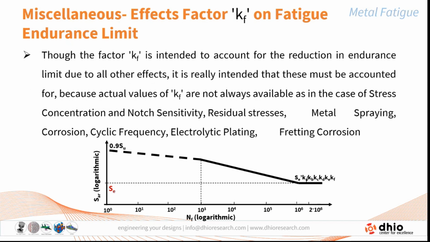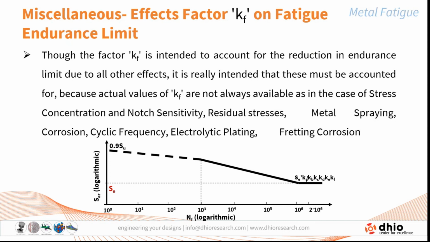So taking the miscellaneous effects, everything that you have not considered, is taken as the miscellaneous factor, KF, which is intended to account for the reduction in the endurance limit due to all other effects.